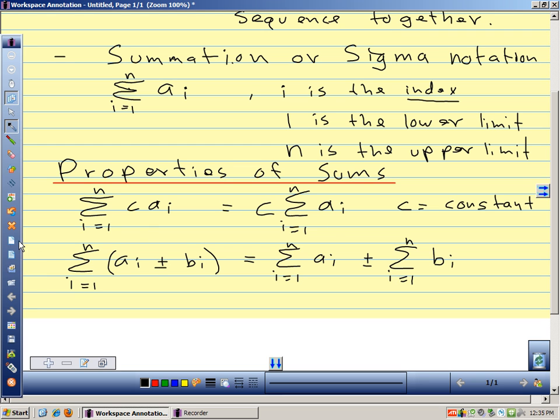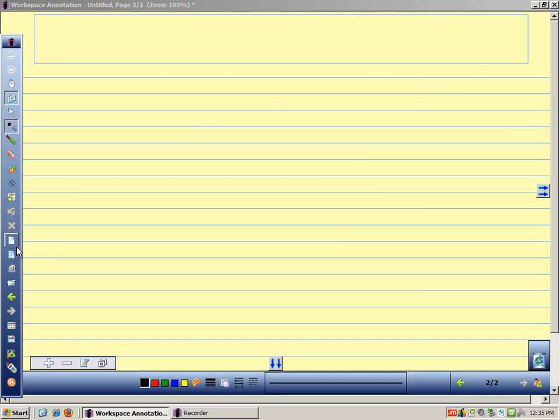So let's look at a couple of examples of using sigma notation or summation notation. We want to find the sum.